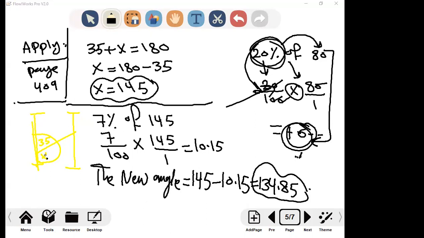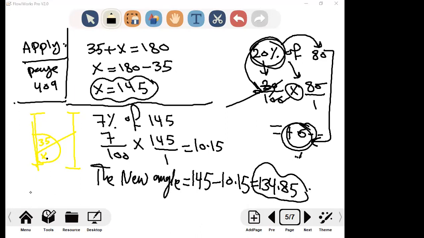We said the engineers want to make this X smaller by 7%, right? Smaller, how much? It was 145. Now 134.85. Got it? Yes, Nidal. Now it's good. Done, guys.